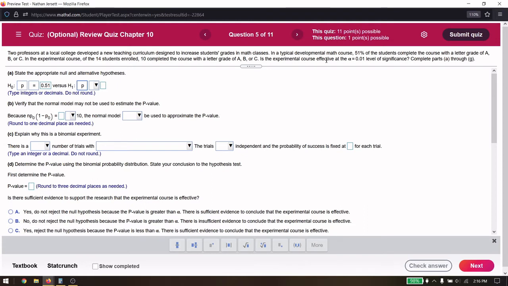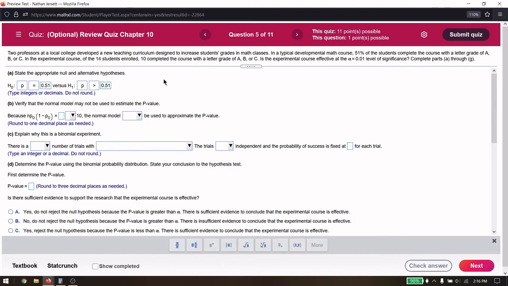And so what you want to do is figure out, is the population proportion higher? We don't really care about lower. We care about it being better than 0.51. If it's the same or lower, then we know that we have to change it. That's the reason why we only care about if it's greater than 0.51.